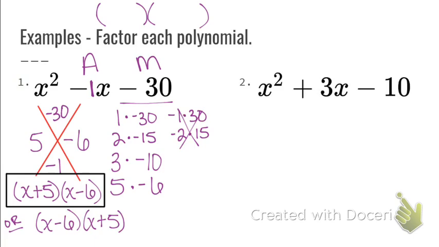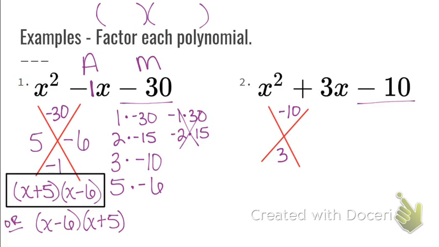All right, let's look at number 2. This time we are multiplying to negative 10 and adding up to positive 3. Since we are adding up to a positive number in the middle, positive 3, we know that our bigger factor needs to be positive.